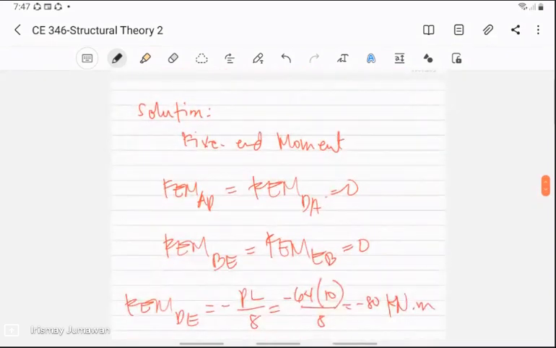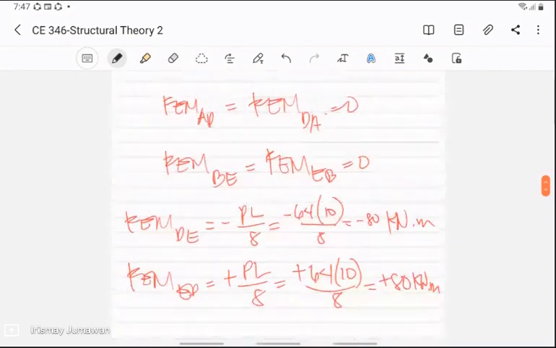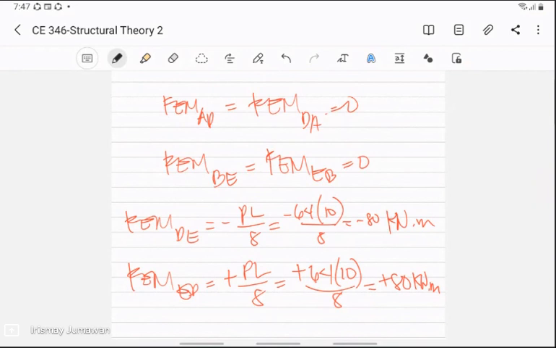Only members DE and AD have them. For member DE we have the formula negative PL over 8, that is negative 64 times 10 over 8, which is negative 80. For member ED, that is positive PL over 8, so you have positive 64 times 10 over 8, that is positive 80.